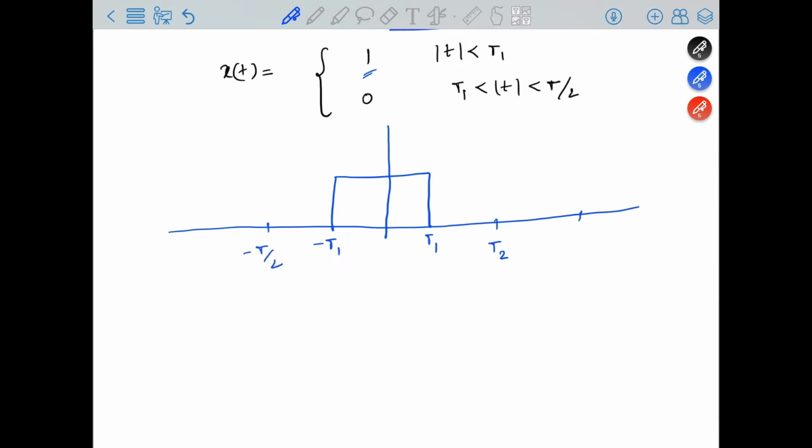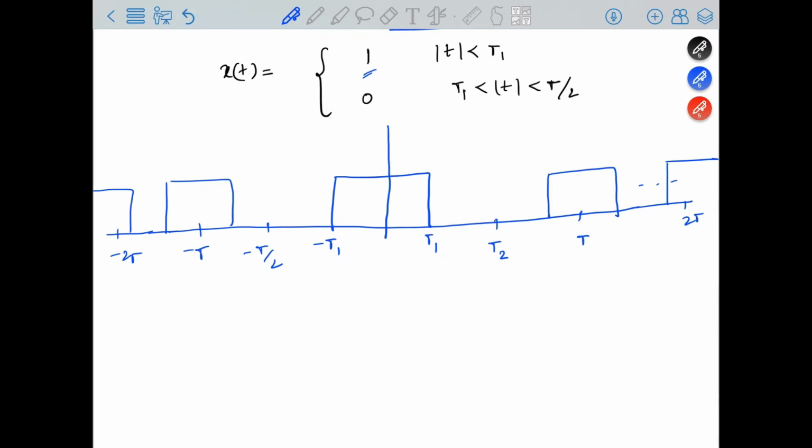Since it is periodic, it repeats itself after a period of T. So we again get this square wave at a period of T, and similarly at 2T. Similarly for the negative part, we get a square wave again at minus T and minus 2T and so on. This is periodic with a period of capital T.